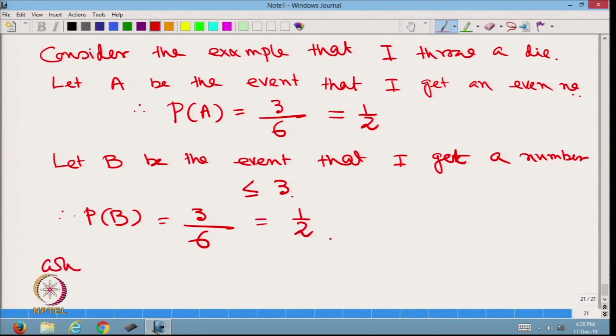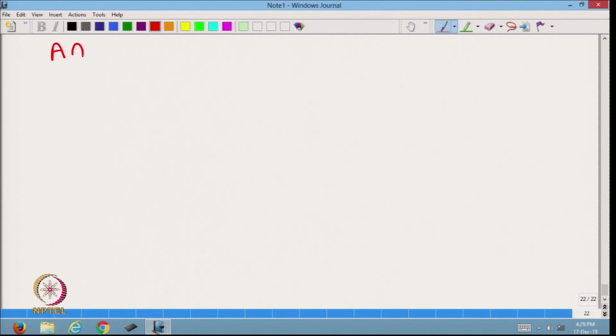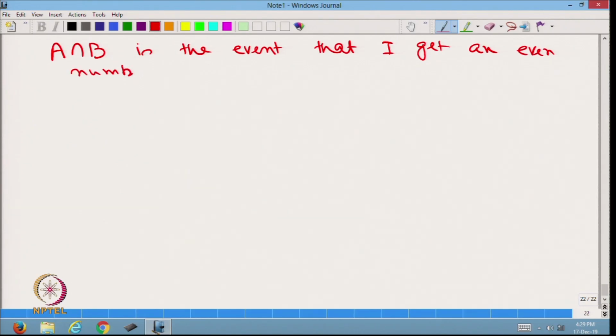What is probability of A intersection B? Now, A intersection B is the event that I get an even number less than equal to 3.